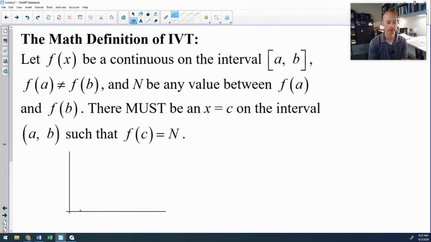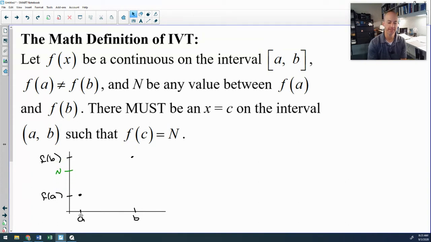So I'm going from a to b, and f(a) is simply the y-coordinate where the function begins on the interval. f(b) is simply the y-coordinate where the function ends. So we have a continuous function that connects those 2 points, and n is some number that lies between f(a) and f(b). So n is somewhere on the interval between f(a) and f(b), and it could be anywhere. We could slide that anywhere you want to.